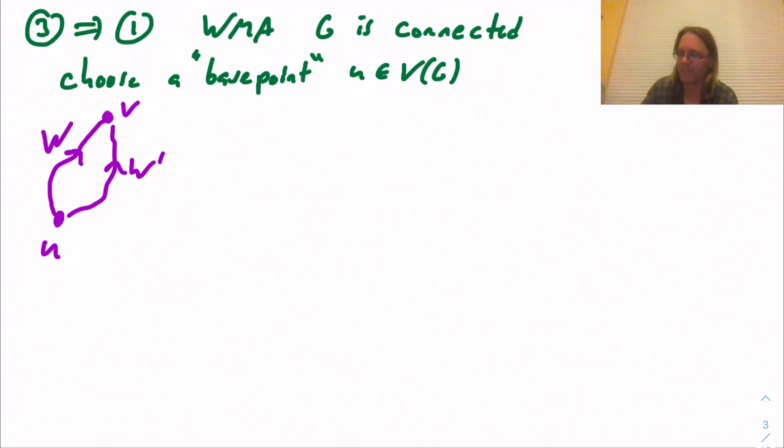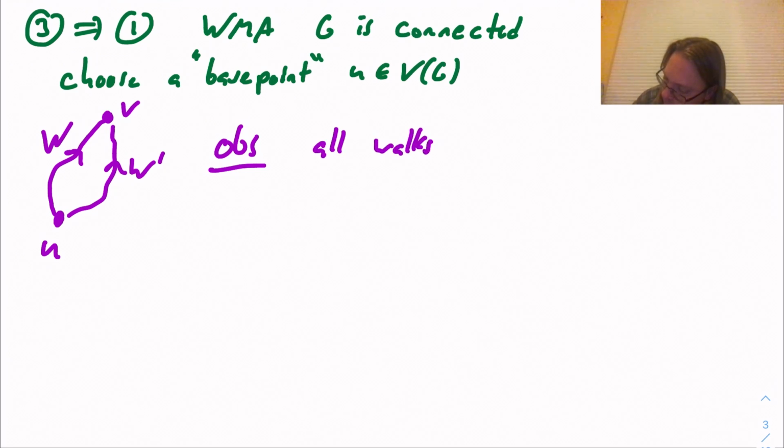And that's the key to this. So the key observation here is that for every vertex v, when you look at all of the walks in the graph from u to v, they're either all odd in length or all even in length. So they all have the same parity. Let me quantify this property.